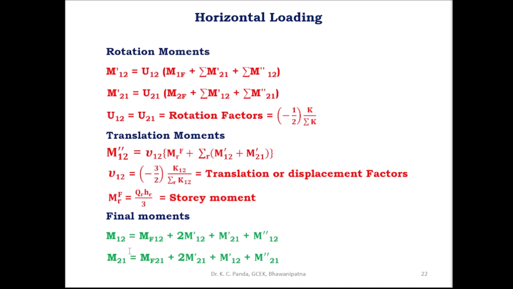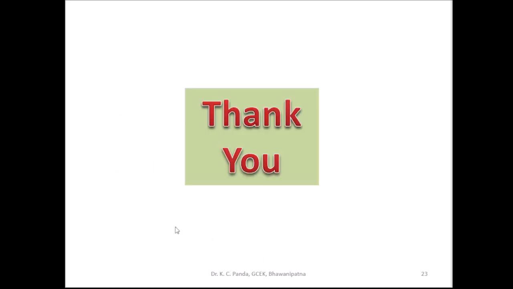So by using these formulas, you can find out the rotation moments, translation moments, and the final moment. Now all are clear how to analyze the members or the frames with the translation of joints when subjected to the vertical loading and horizontal loading.